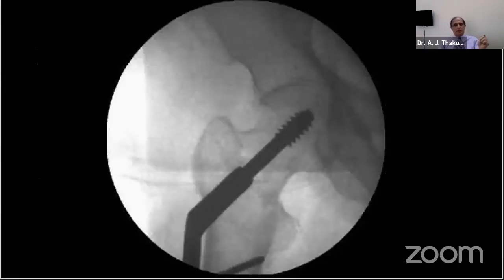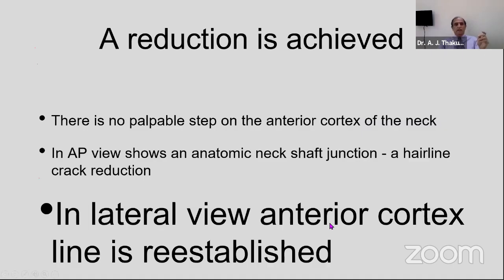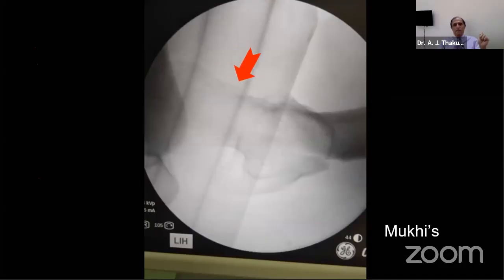In this you can see there is still a double shadow here. Looks good, but you can see there is a double shadow here. Lateral view of the anterior cortex line is re-established. Sorry, that was the wrong interpretation of that picture. That was a good one. So when you see the lateral one, you have got a continuous line.